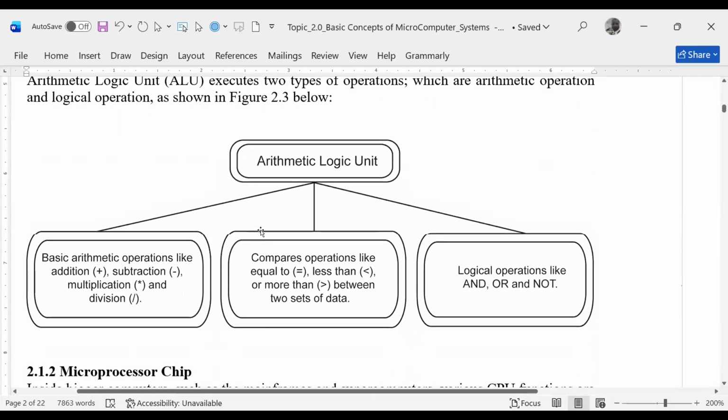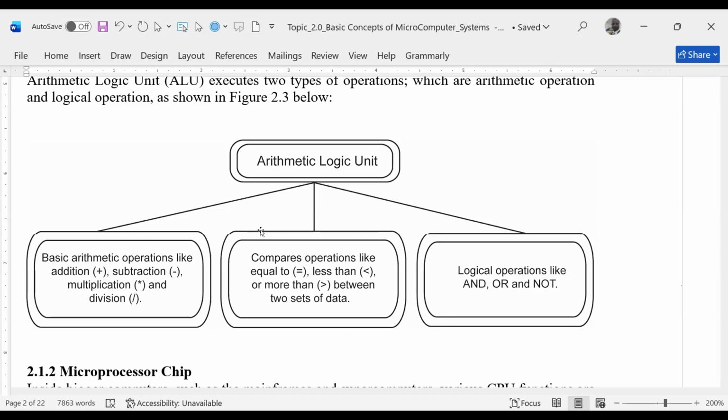Now let's see the ALU as the second component here. It performs mathematical operations, arithmetic operations, and logical operations. So all the mathematical operations in the computer system are performed by the ALU. The ALU performs two operations: one is the logical operation, and another one is the mathematical operation.